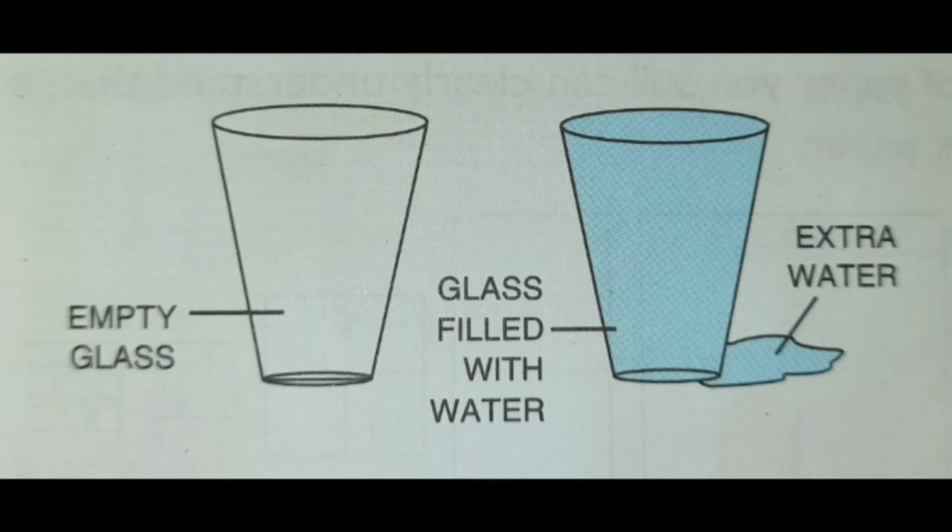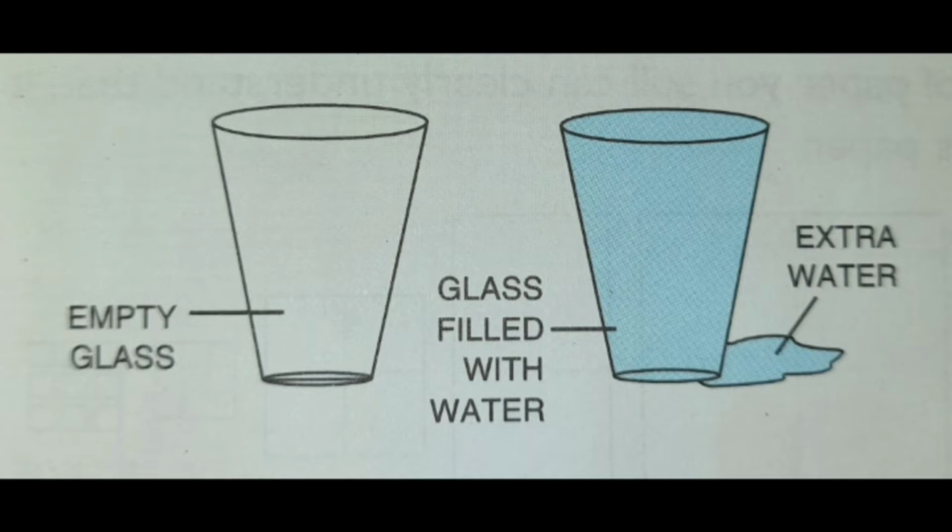So you have to take two identical glass tumblers and fill one of them completely full of water. Then you have to pour some more water onto it, and what you will observe is that the extra water flows out from the glass tumbler because there is no more space left.